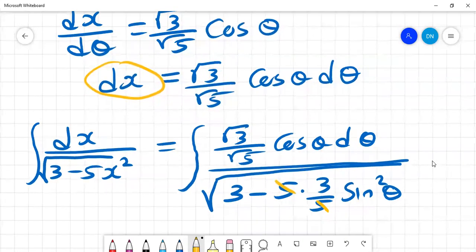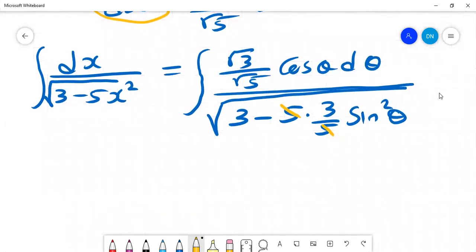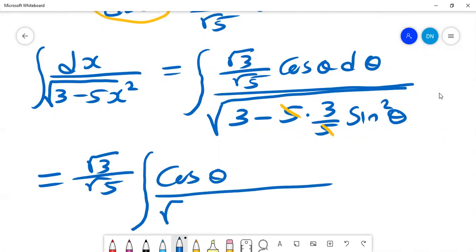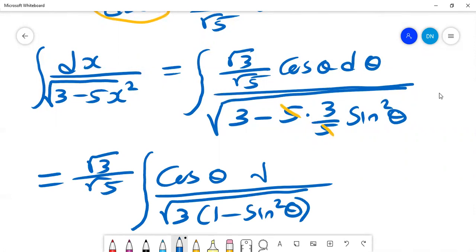Let's take the next step slowly. So it will be the square root of 3 over the square root of 5, the integral of cos theta d theta, over the square root of 3 times the square root of 1 minus sine squared theta. Obviously, we are integrating with respect to theta.